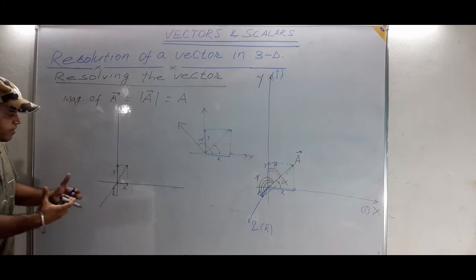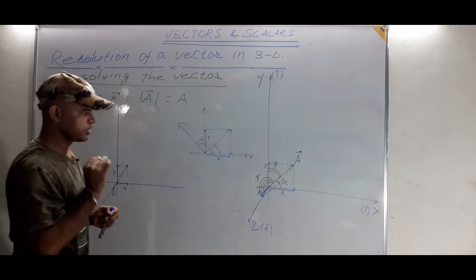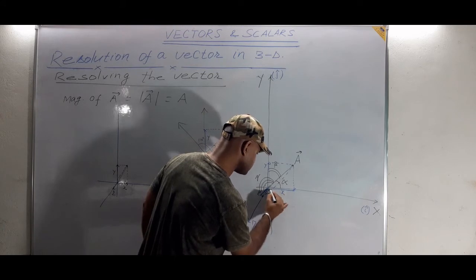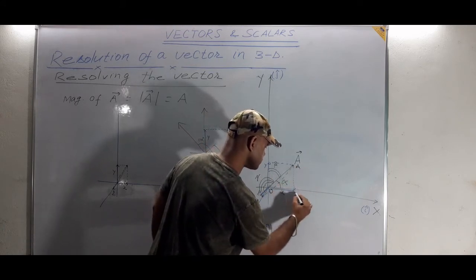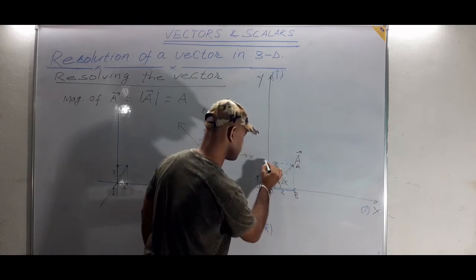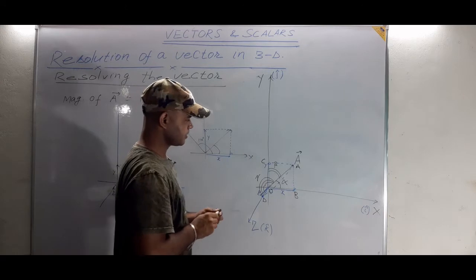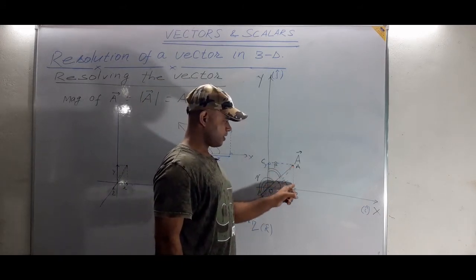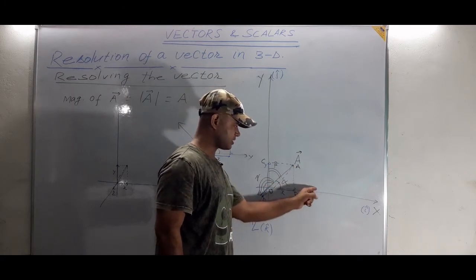Now, how will we find this x, y, and z? This is what we are going to do. See here. Let me call the origin O, this point A, this point B, this point C, and this point D. B is the point of intersection of the perpendicular from the head of the vector with the x-axis.